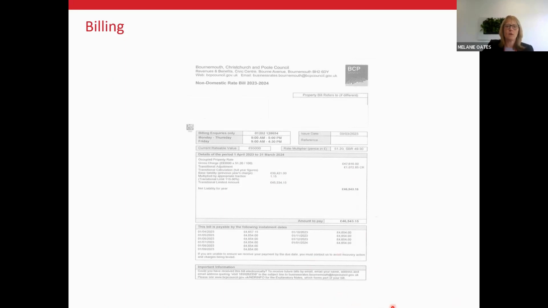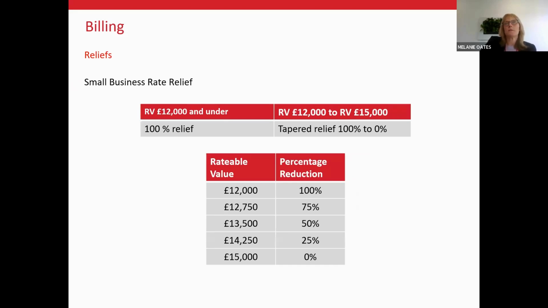And then what I'll come on to next is small business rate relief. For small business rate relief, this will apply at 100% relief for any properties with rateable value £12,000 and under.